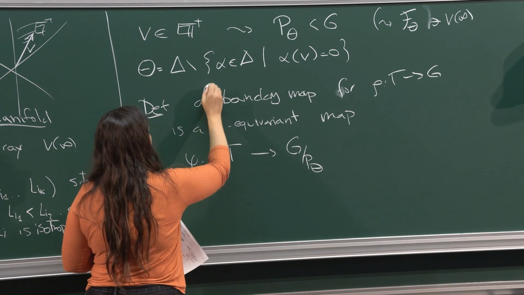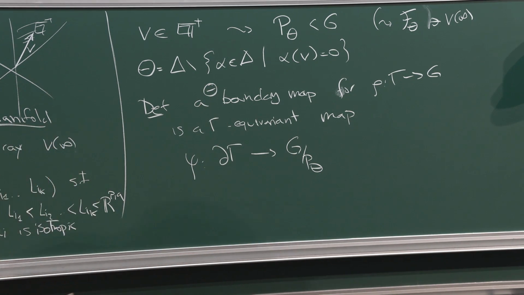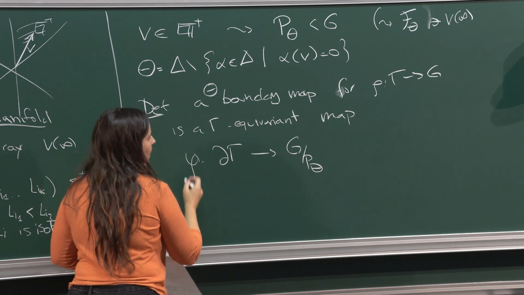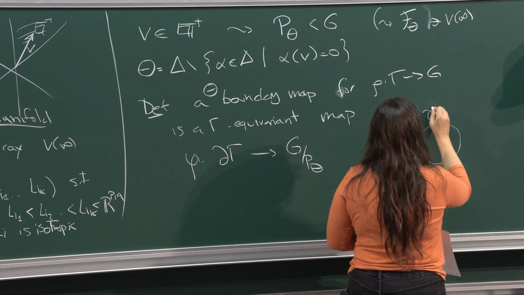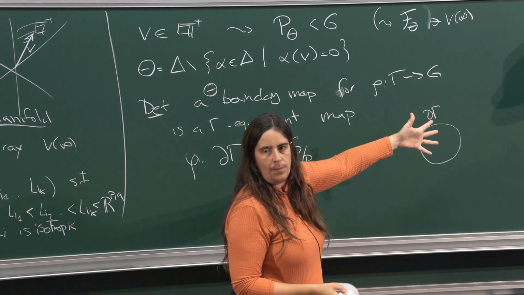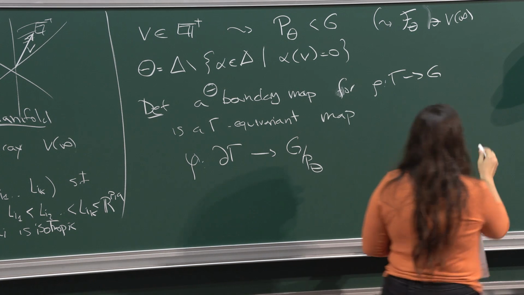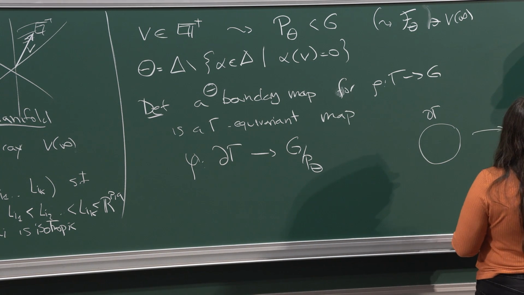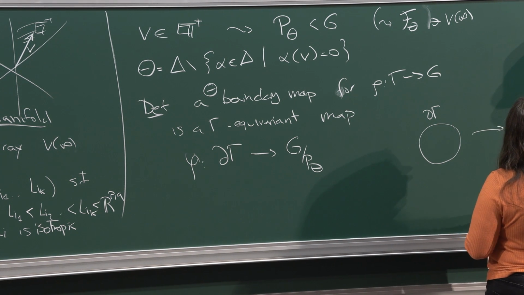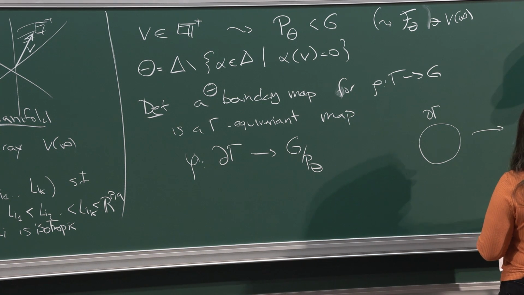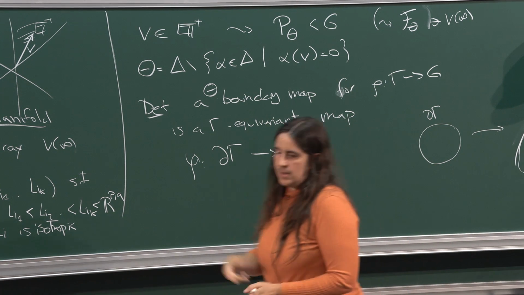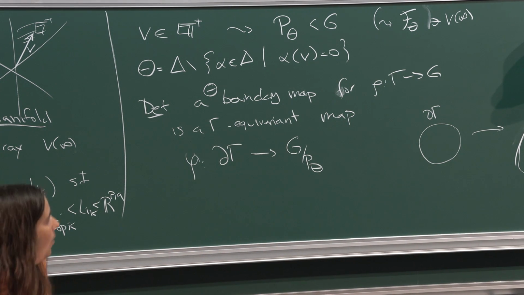And I will call this a theta boundary map. I really think of this as starting from the boundary of gamma, which is really the circle for what I'm interested in. And this boundary map is going to go to some weird, still homogeneous, still an algebraic variety, G mod P theta, and it's going to trace some object in here.